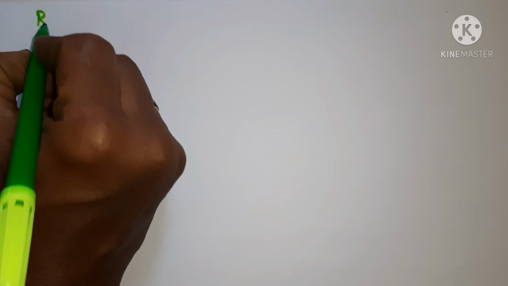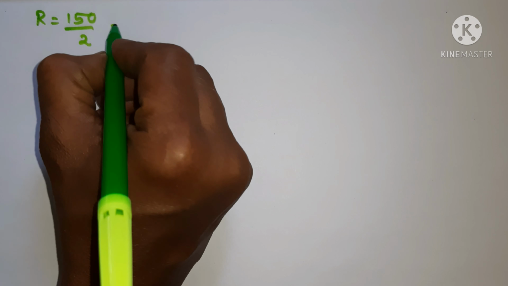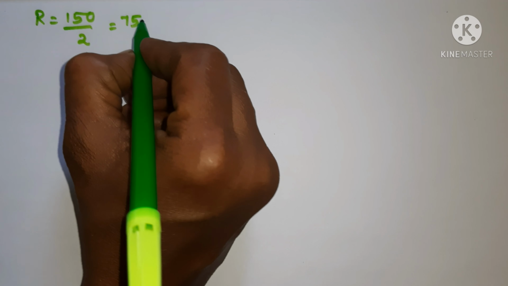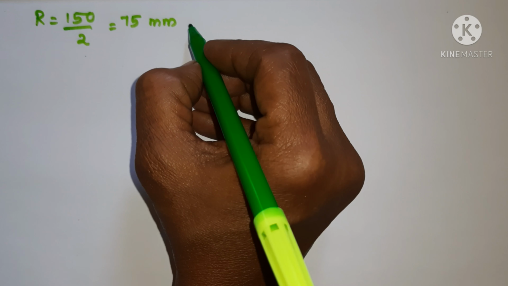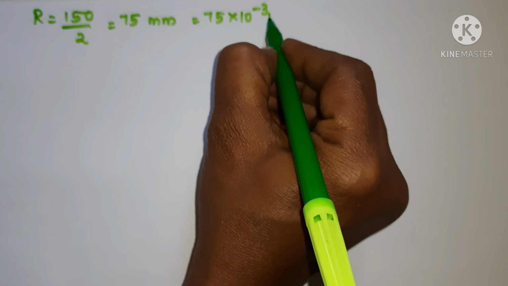Therefore, R equals 150 divided by 2, which is equal to 75 millimeter, that is 75 into 10 power of minus 3 meter.